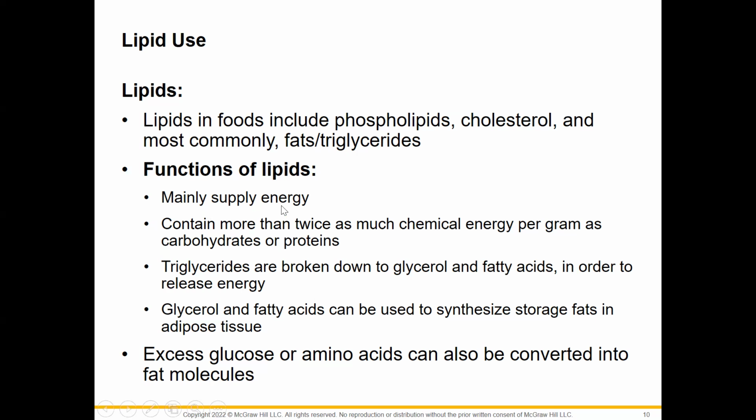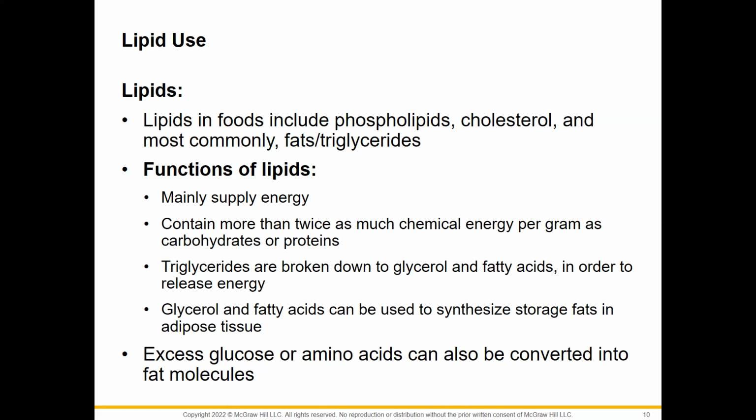Lipids will mainly supply energy. Remember that they are a source of stored energy, their potential energy in the body. It contains more than twice as much chemical energy per gram as carbohydrates and proteins, meaning if you have 1 gram of sugar, we know how much energy that produces.